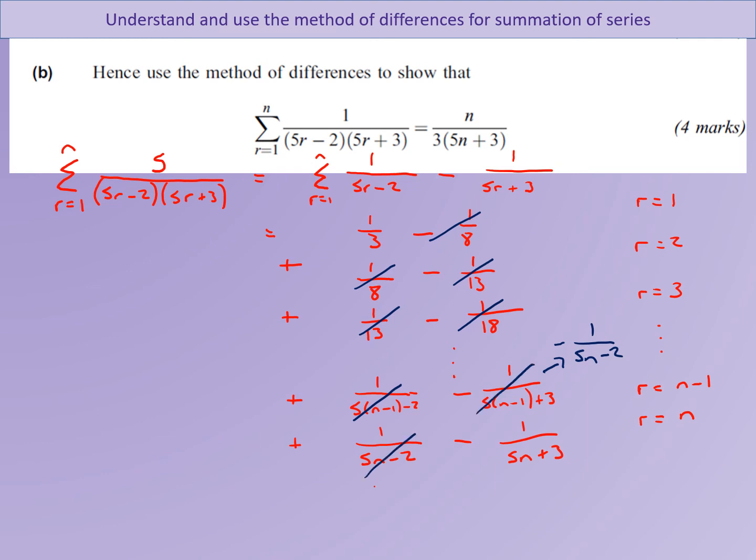So actually those 2 terms are going to cancel as well. So the only terms that we are left with here are the third on the first line minus 1 over 5n plus 3 on the second line. So we now just need to check whether that can be written in the form given above. So I'm going to get everything over a common denominator, 3 times 5n plus 3.